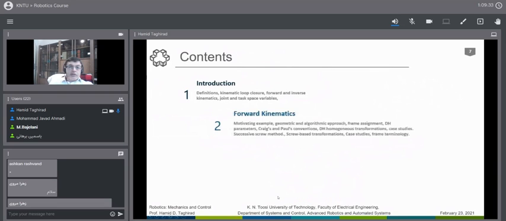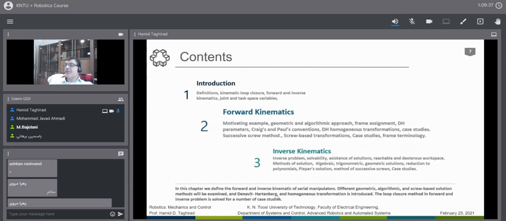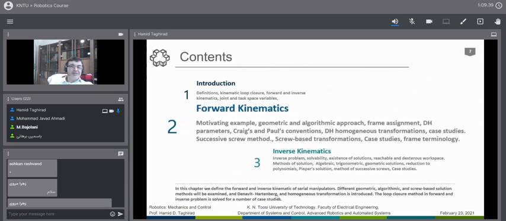So, we start with forward kinematics, and let's start with a very simple motivating example. The way I am teaching here is quite different than the way Craig or other books are doing. You should know the concept, you should understand the concept, then it is much easier to follow the mathematics.